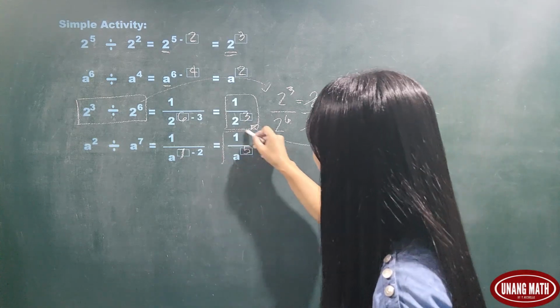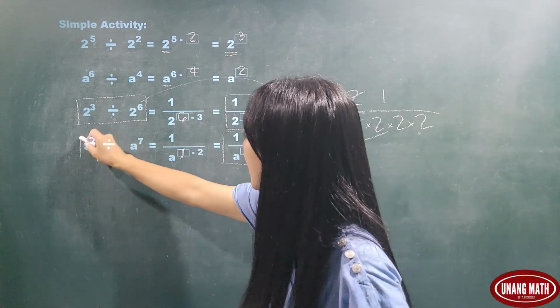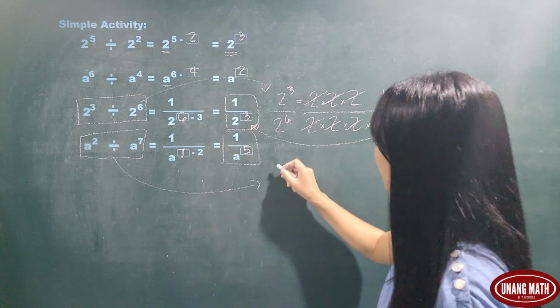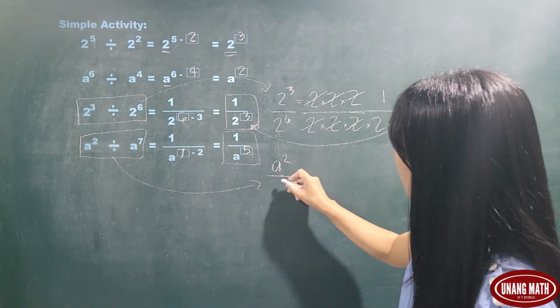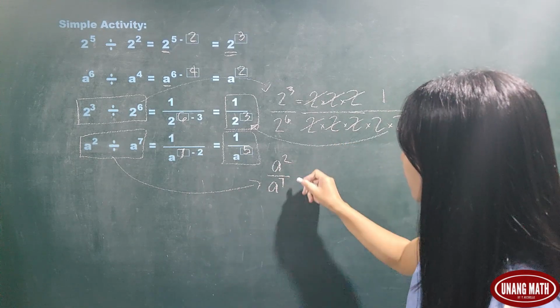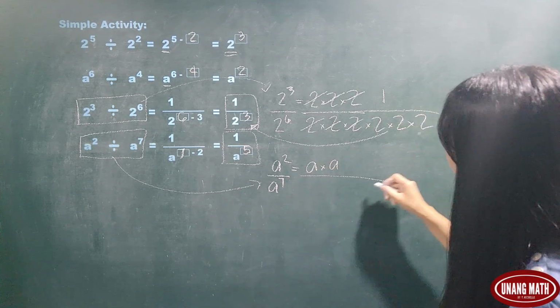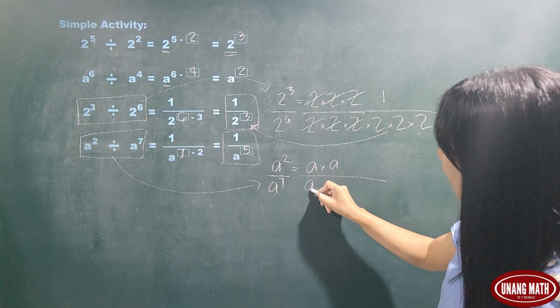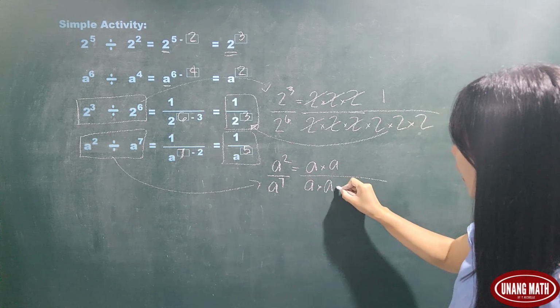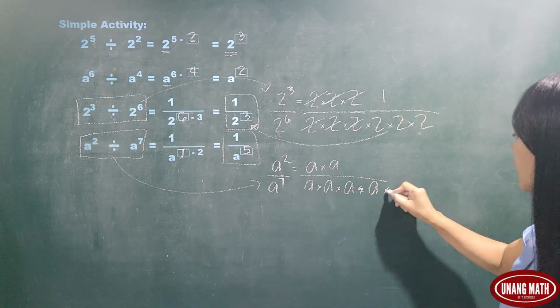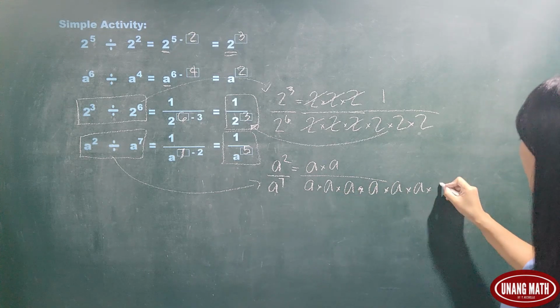Okay, how did we get this one again? Okay, let's explain further. Write this as a fraction. So a squared over a raised to the power of 7. A squared is a times a. A raised to the power of 7 is a times a times a times a times a times a times a.